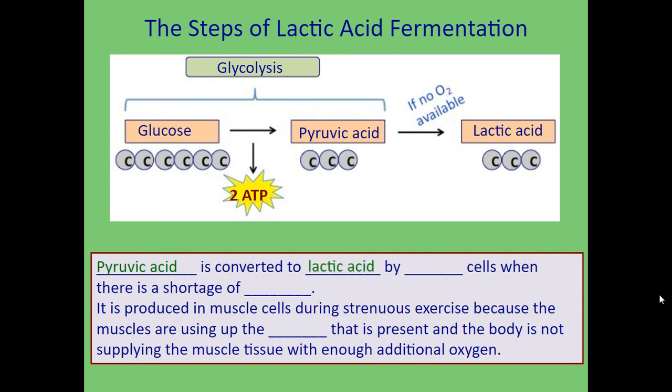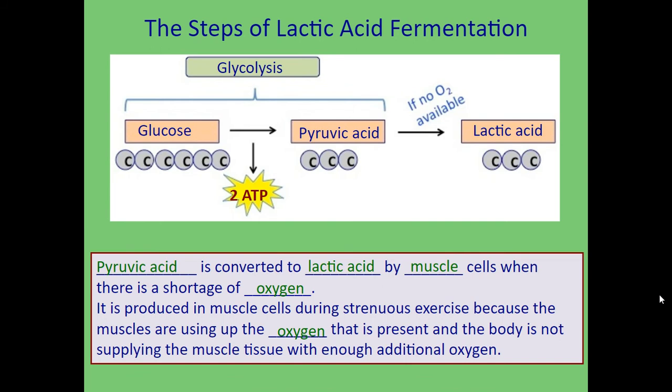Our pyruvic acid is converted to lactic acid by our muscle cells when there is an oxygen debt. It's produced in our muscles during strenuous exercise because our muscles are using up all of the oxygen that might be present, and our body is not able to supply those muscles with enough oxygen to keep up with the activity we are performing.